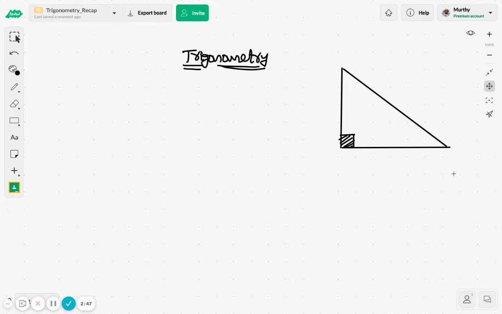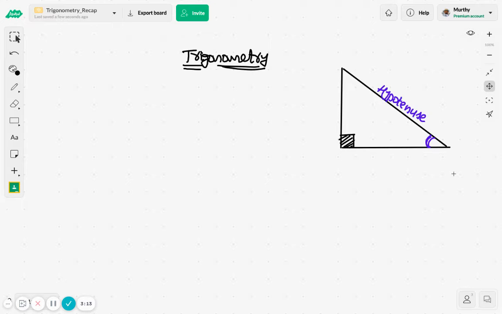Okay, and the longest side, the side opposite to 90 degrees, is known as the hypotenuse. The unknown angle: in math, for an unknown value we usually take an English alphabet letter, which is called a variable, let's say x.